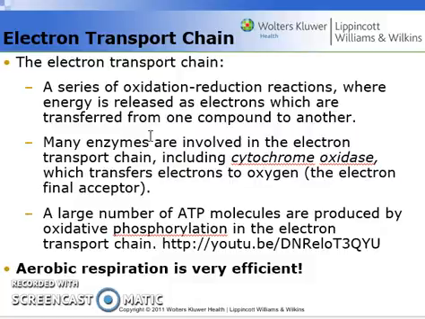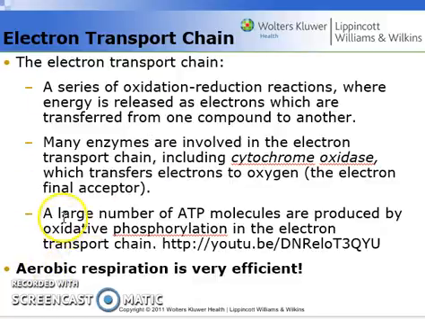There's a lot of enzymes that assist in the passing of these electrons. Cytochrome oxidase is an enzyme that's used to make sure that electrons are being transferred to oxygen, which is the final acceptor for electrons.